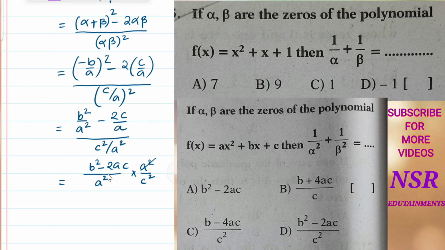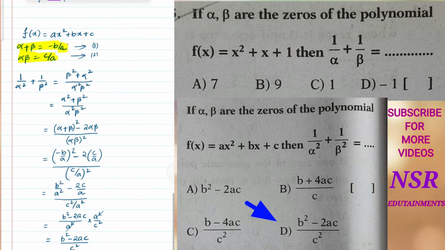Now a square will get cancelled. The answer would be b square minus 2ac whole by c square. Okay. So the answer would be b square minus 2ac by c square, option D. Thank you.